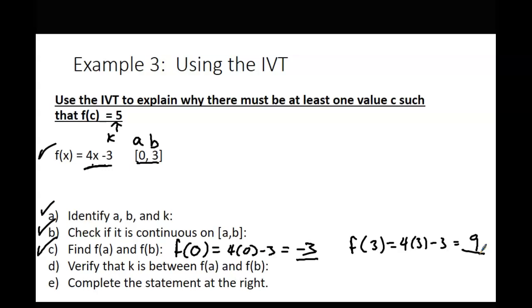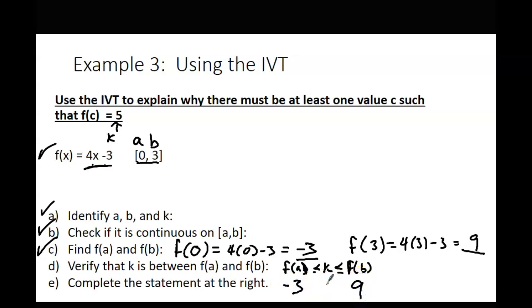All right. Verify that k is between f of a and f of b. We just said it. I'm going to write it like this. F of a, f of b, and k. I want to prove that this is true. So what was f of a? Negative 3. What was f of b? 9.